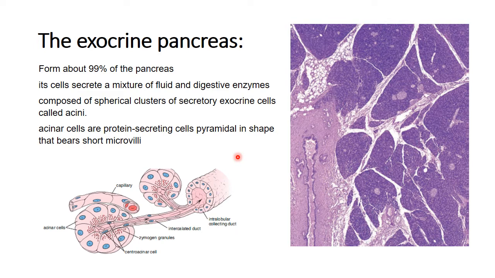And also this alkaline pH is very important for optimal activity of the pancreatic enzymes. The exocrine pancreas is formed from acinar cells, the same as acinar cells that we see in the parotid gland. So the pancreas and the parotid gland are very similar in this feature.